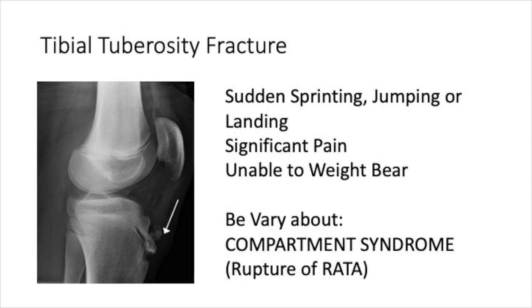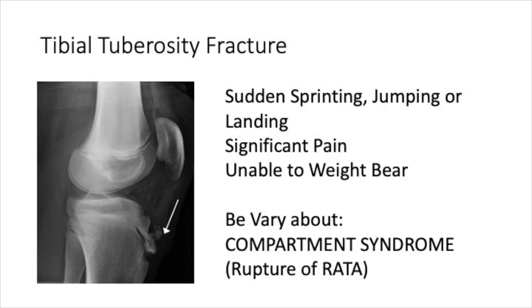In relation to Osgood-Schlatter disease, we will talk about something similar but significantly more serious that needs surgical management. We'll come to that in the coming slides. If you look at this image, this is a 14-year-old boy who comes in with significant pain after a sprinting exercise.